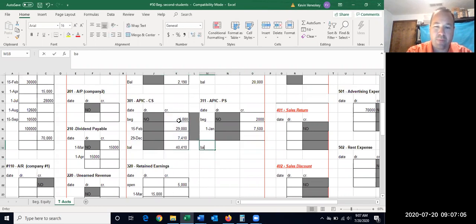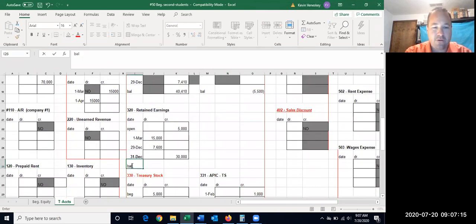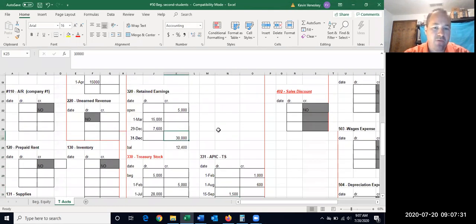And we have our balance for additional paid in capital for preferred. Retained earnings. We have these two added up because these are on the positive side, minus our two debits. So our retained earnings currently did go up because of the money we made throughout the year.